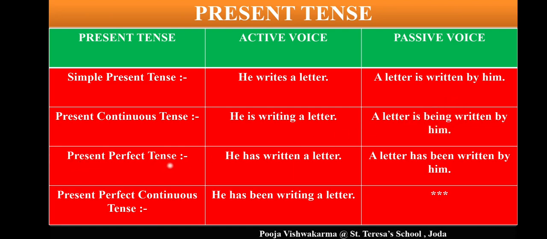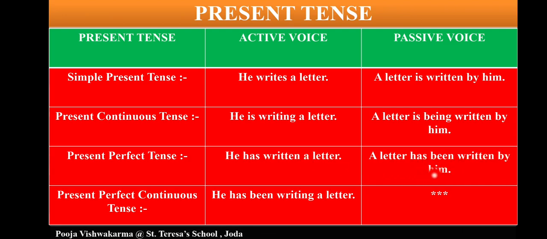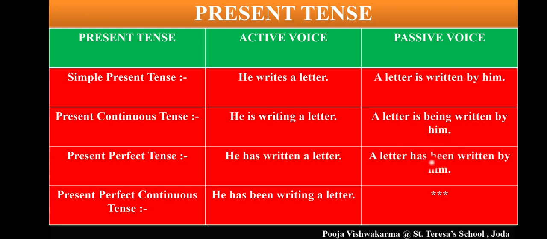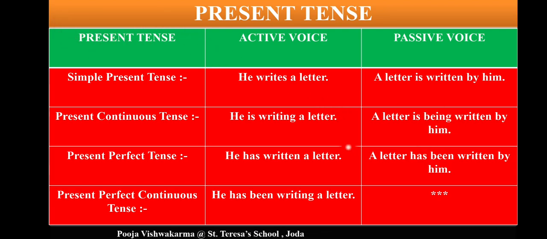For present perfect tense, he has written a letter. A letter has been written by him. So here has been is used. Be very careful, children. It is better you write this table in your copy and do remember the things. Present perfect continuous tense does not have a passive voice, so there will be no changes made in such kinds of sentences.